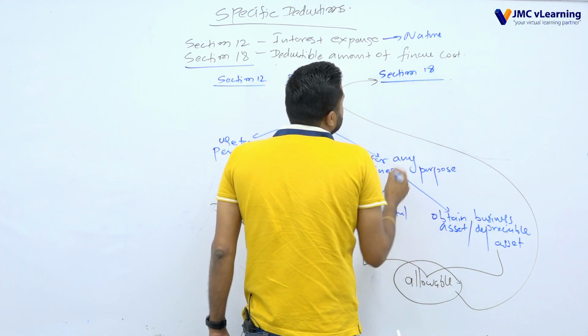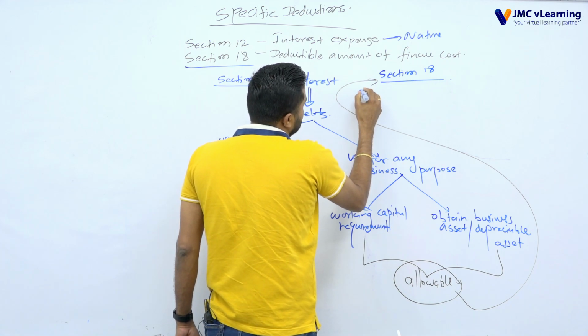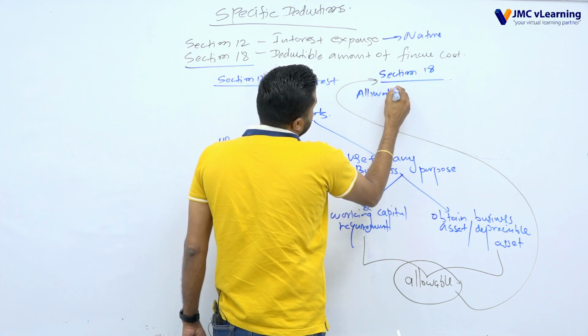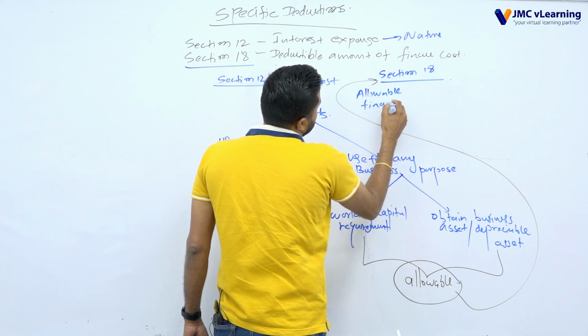Section 18 is the allowable finance cost.